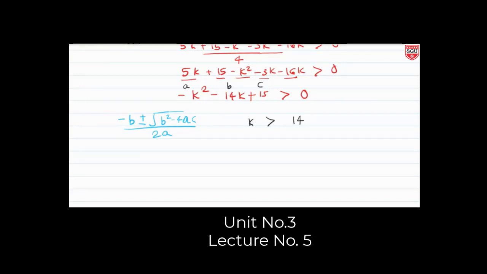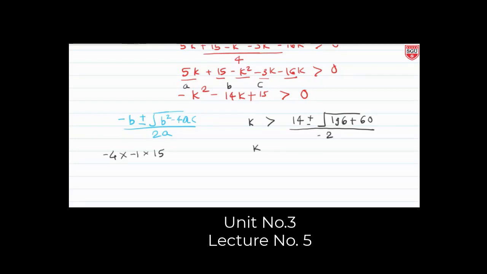So 14 plus minus under root B square, means 14 square, is 196, minus 4ac, minus 4 multiplied by minus 1 multiplied by 15. It is coming plus 60, divided by 2a. A is minus 1, means minus 2.